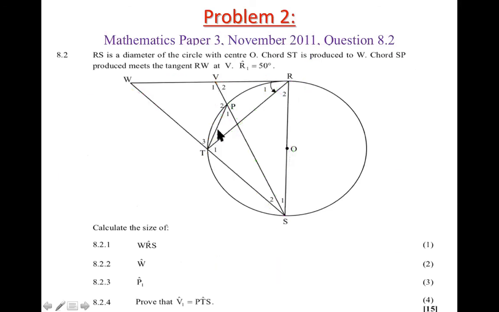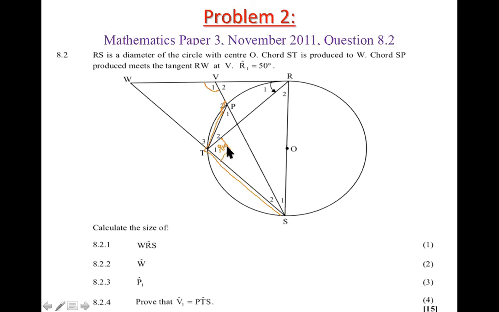Now, good. So we are saying this angle V1, the examiner says it is equal to angle PTS. So if we are able to know, because we already know this angle, we already know this one to be 90 degrees, right?